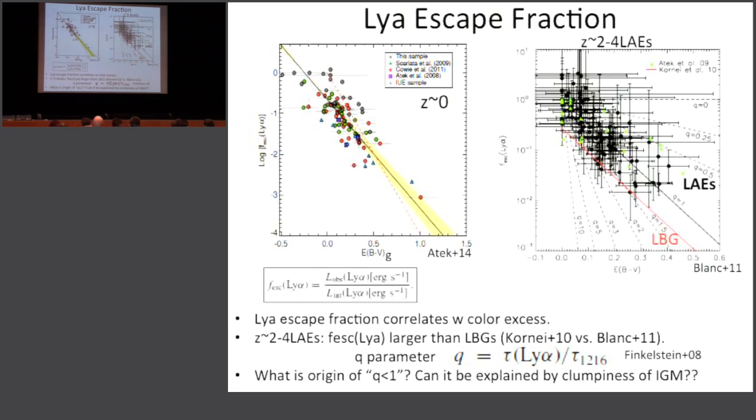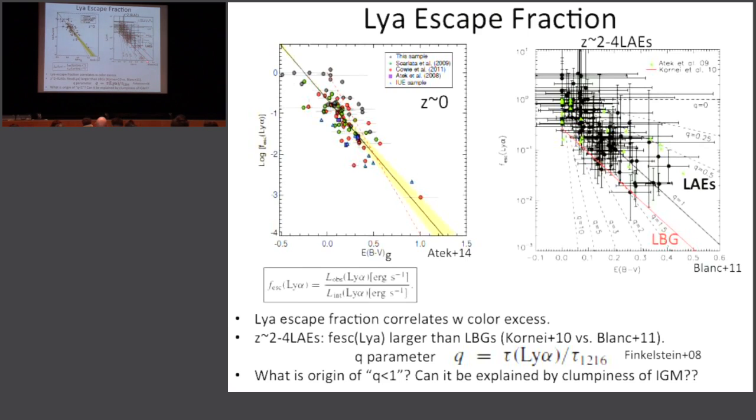It is known that there is an anti-correlation between the Lyman-alpha escape fraction and the color excess, and this relation has been known since the 1990s. Of course, a higher extinction value gives less Lyman-alpha escape. The interesting thing is that if you measure the Lyman-alpha escape fraction as a function of the color excess, Lyman-alpha emitters fall around here.